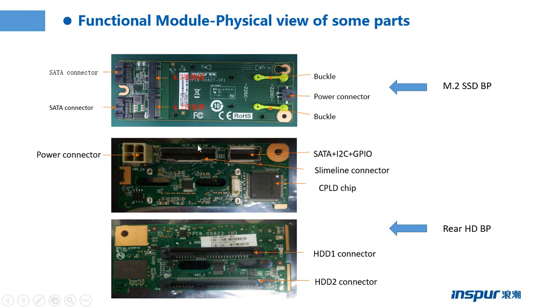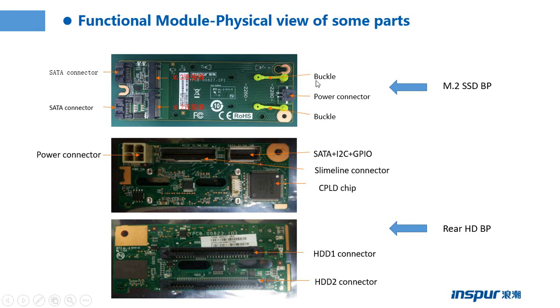Those pictures are the physical view of the M.2 SSD backplane and the rear hard drive backplane. That one is the SATA connector. The M.2 backplane can support two M.2 SSDs.